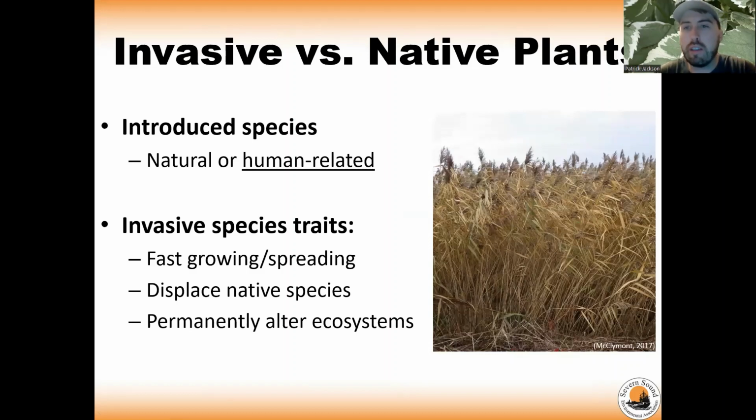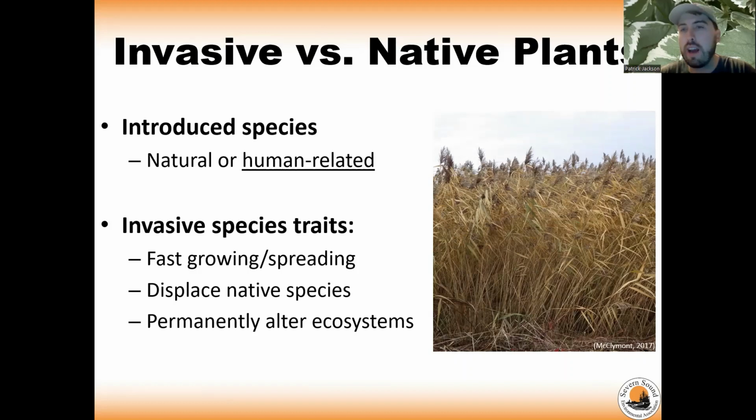Another key component of this training will be invasive versus native. As I said, I coordinate our invasive species program, so I primarily focus on invasive species, but certainly I have a good understanding of both, and we work with both at SSEA. So what is an invasive species? It's an introduced species to an area, so it's something that's not supposed to be there.